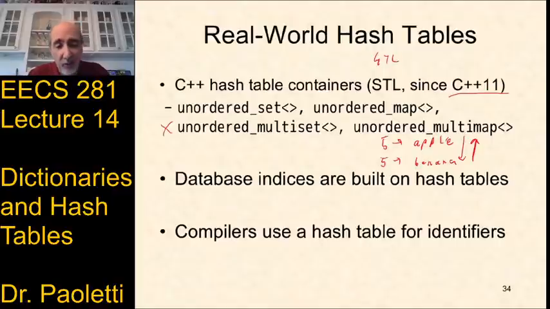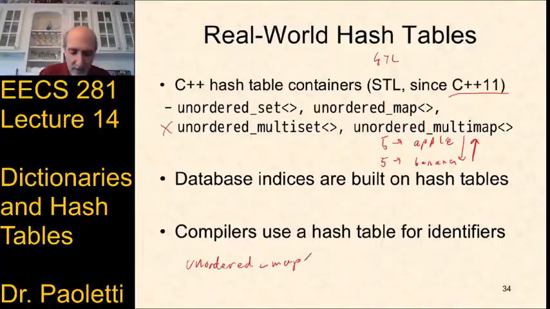So instead, if you read the project spec, we suggest when you need this behavior of a certain key having multiple values associated with it, we make an unordered map with whatever type of key we wanted, comma, vector of values.